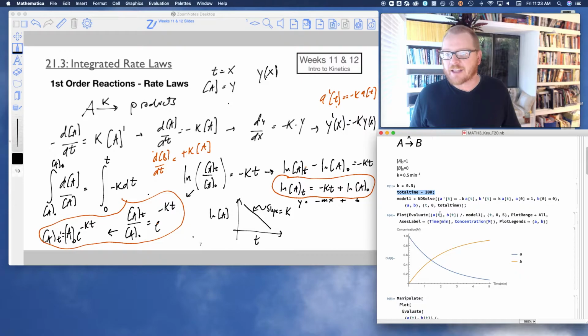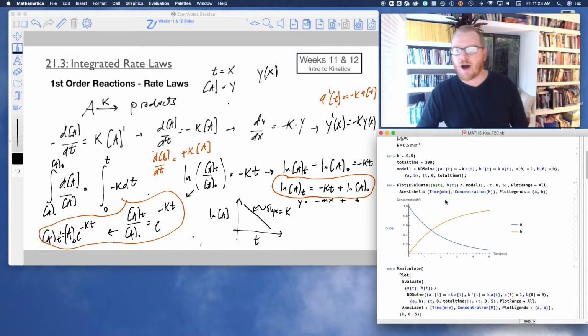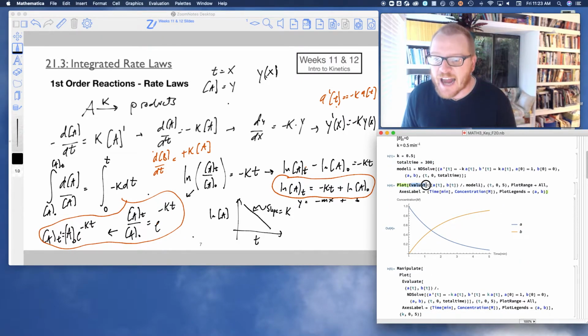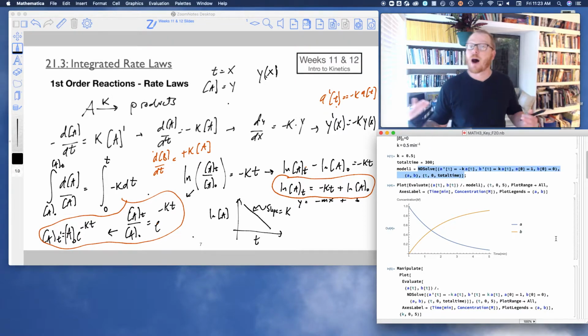Now when I go to evaluate that model, before I can plot it, first it has to be evaluated. I'm going to evaluate it for the concentration of A at time t, and also for the concentration of B at time t. These are all codes that we've used before. I called this entire line that I've highlighted Model 1.